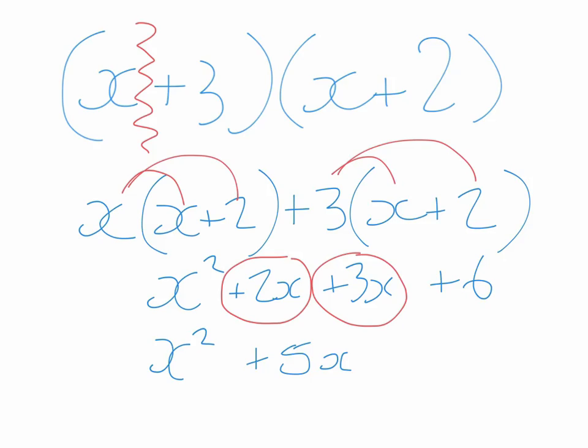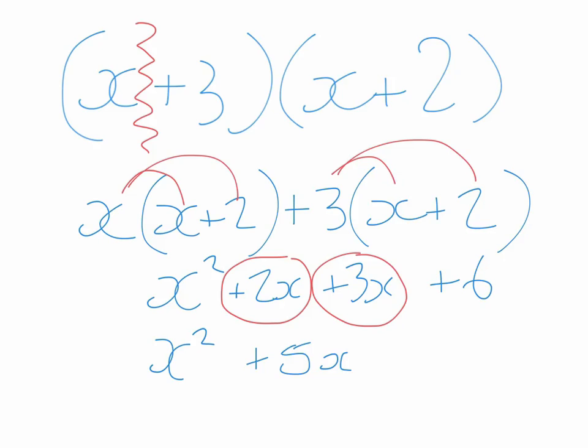It is not 5x squared because we are adding, we are not multiplying. If we are adding terms, we keep the letters the same. So x plus x will be 2x, x plus x plus x would be 3x, x plus x plus x plus x would be 4x, etc. It does never become x squared.